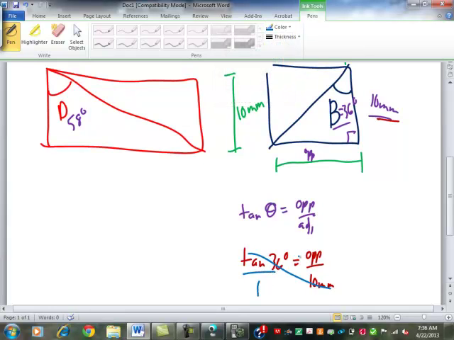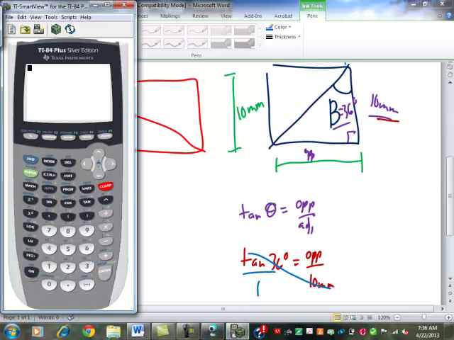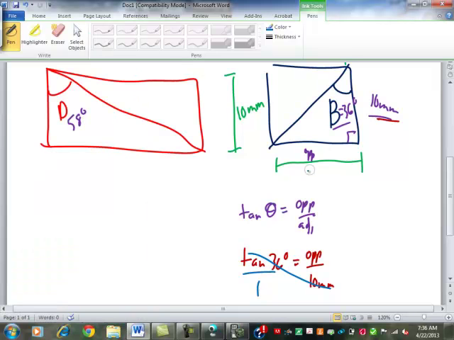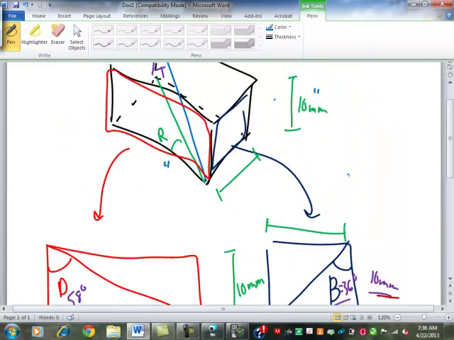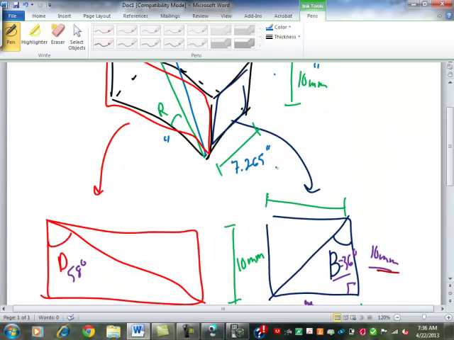It's 10 millimeters times the tangent of 36 divided by 1. Gives me 7.265. So this dimension is 7.265 millimeters.